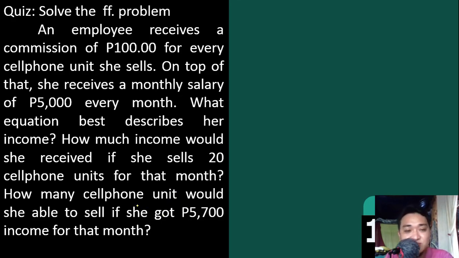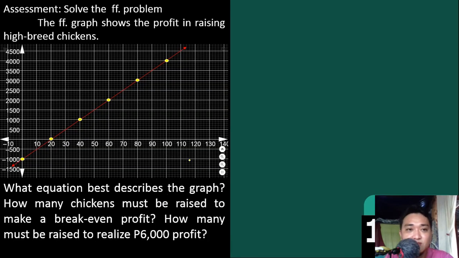And the third question will be, how many cellphone units would she be able to sell if she got 5,700 income for that month? O kabaliktaran naman, kung nakatanggap naman siya ng 5,700 pesos, ilang cellphone naman yung naibenta niya? So I want you to get the equation of this problem, the linear equation of this problem. Pag meron ka ng linear equation, you could actually solve these questions.